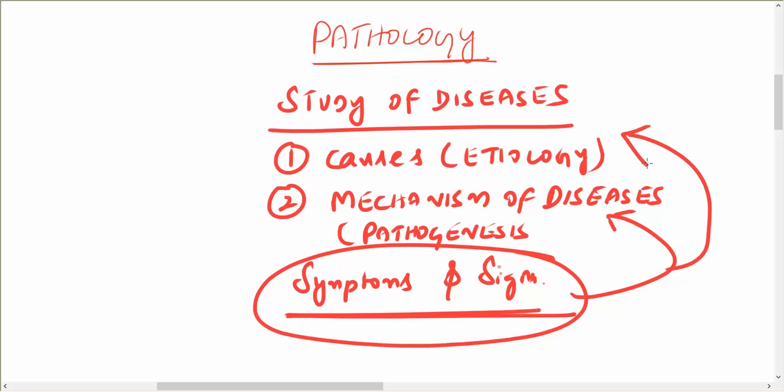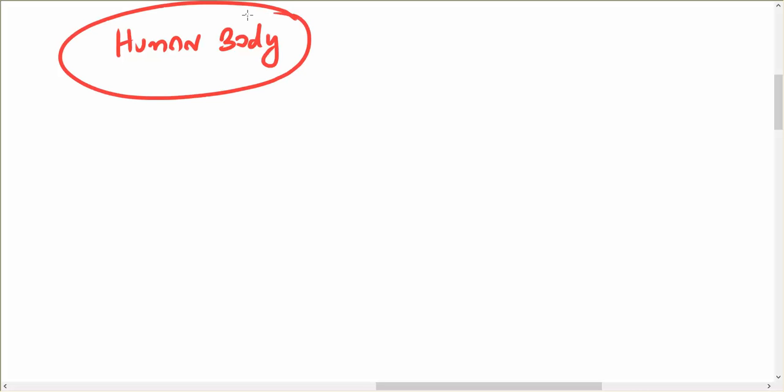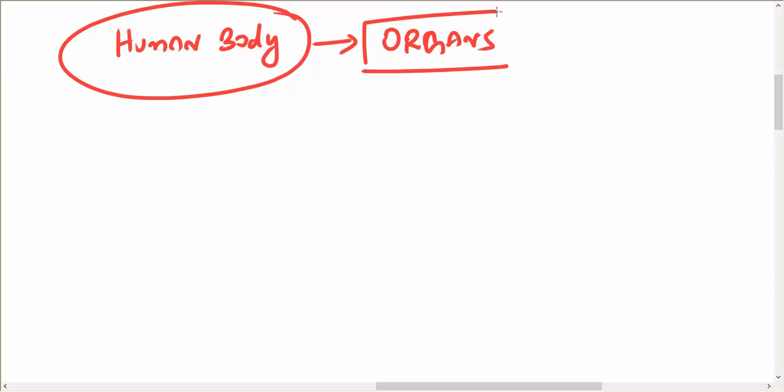So related to that, let me discuss certain things about the cell. The human body is made up of many organs such as heart, lung, liver, kidney, skin, brain, like that.